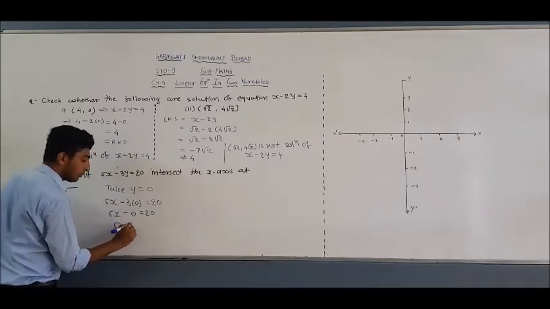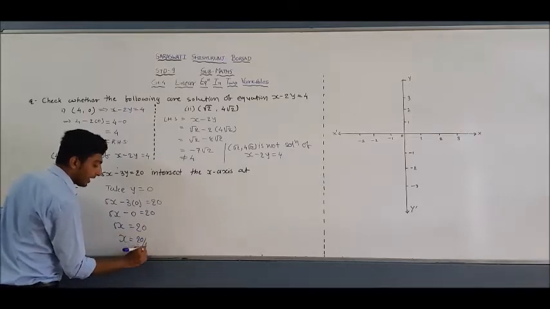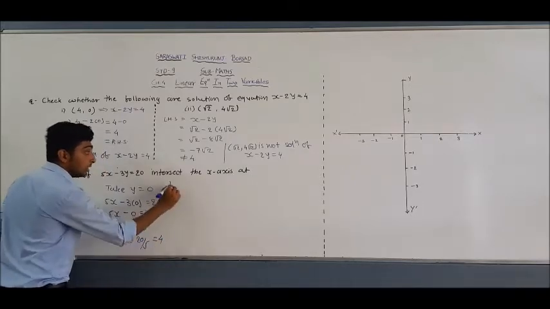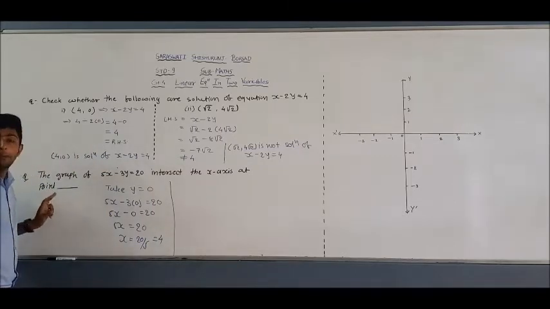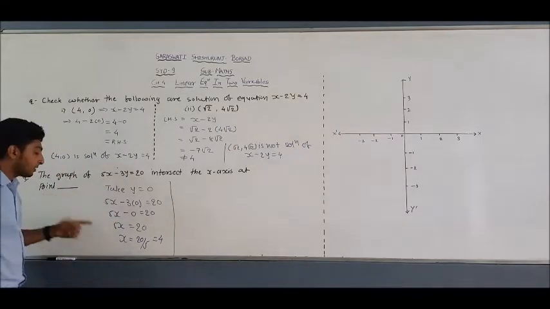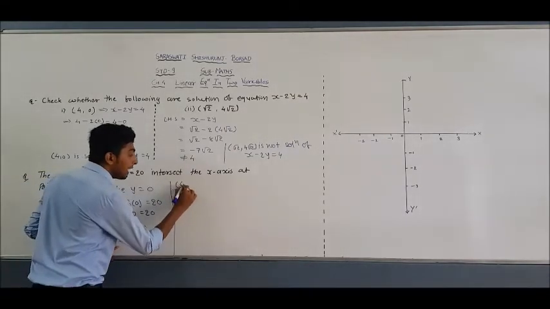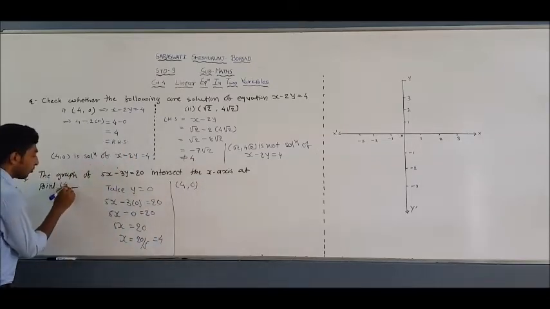That means 5x equal to 20. So x equal to 20 by 5 equal to 4. So the answer is, we have been asked for the point on the x-axis. Point means you have to give the answer as a pair. So x equal to 4 when y equal to 0. So the answer is (4, 0).